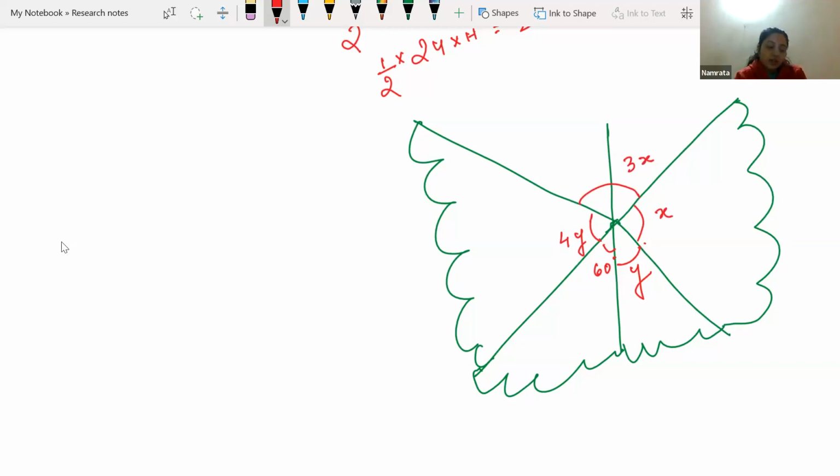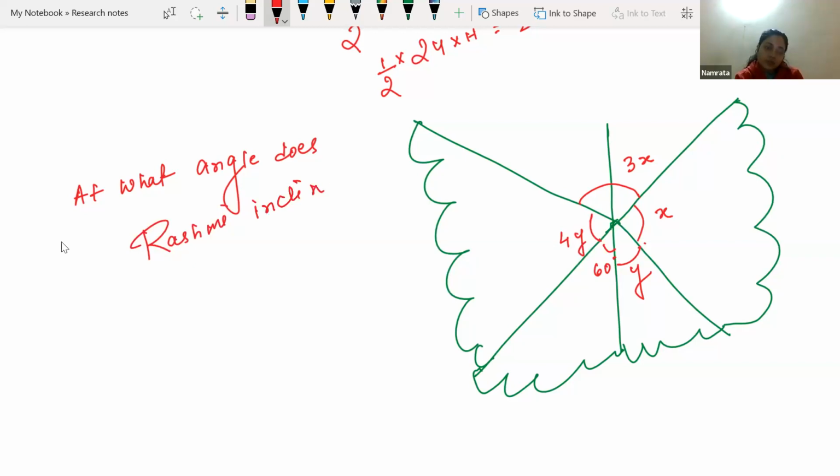Based on the above information, answer the following question. At what angle does Rashmi incline the two sticks?